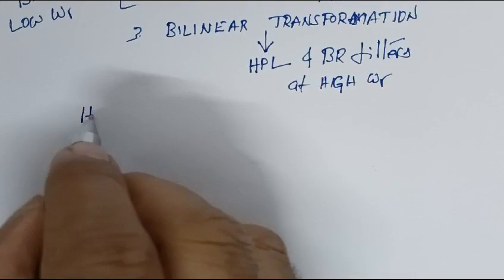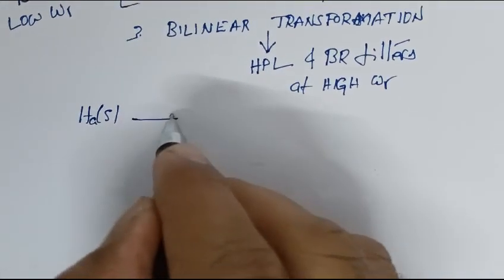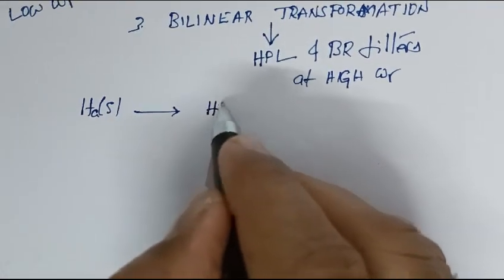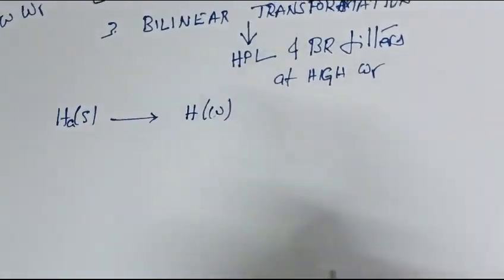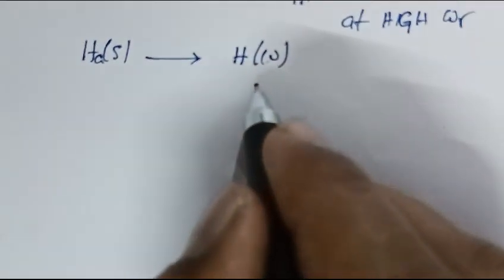Let us see how we transform a given analog transfer function into a digital transfer function. For example, let us assume HA of S is the analog transfer function. It has to be transformed into H of omega, which is nothing but the desired transfer function of a digital filter.